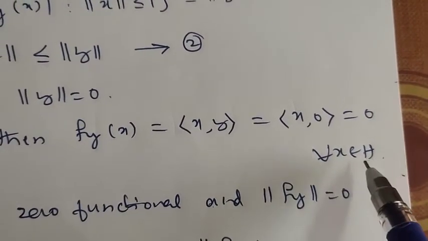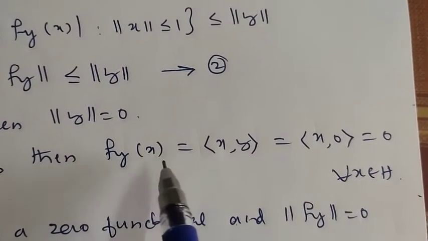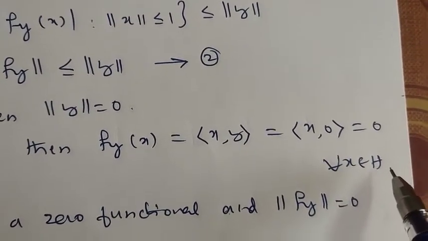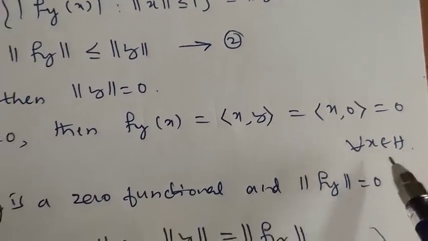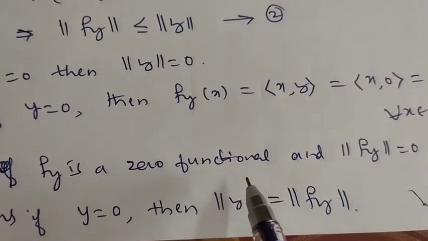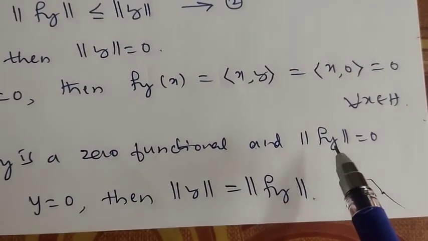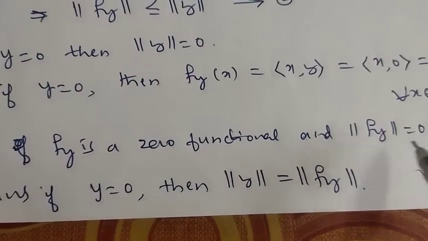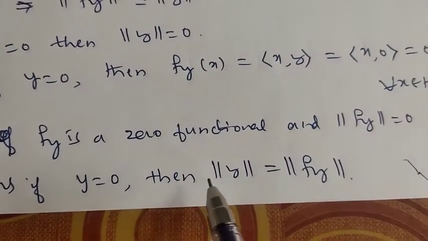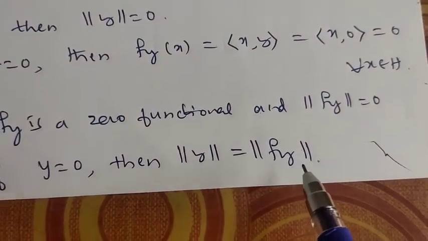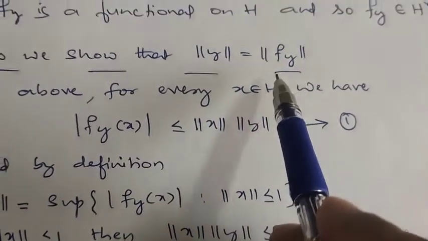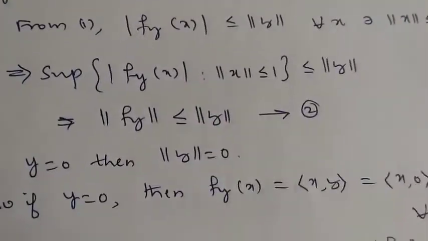This holds for every element x in H, which means Fy of x is 0 for every x belonging to H, which means Fy is a 0 functional. And the norm of a 0 functional is definitely 0. Therefore, if y is 0, then norm of y is also 0 and norm of Fy is also 0. Therefore, norm of y is equal to norm of Fy, and the required thing is proved if y is 0.